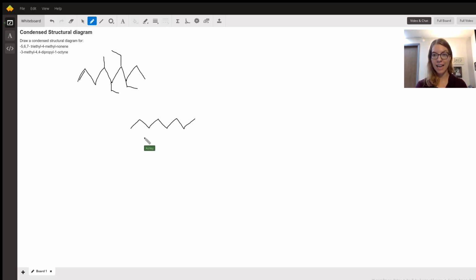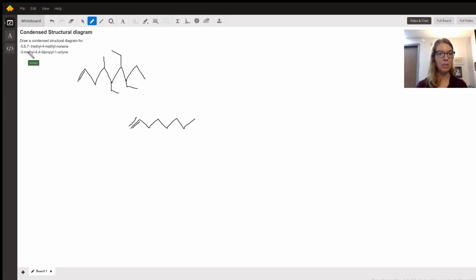This is octane, A-N-E. To make it octyne, that means there's a triple bond. This one actually says 1-octyne. So I'm going to put it between my first and second carbons. So there's a double bond and there is a triple bond. The line was not super straight there. So now we have octyne.